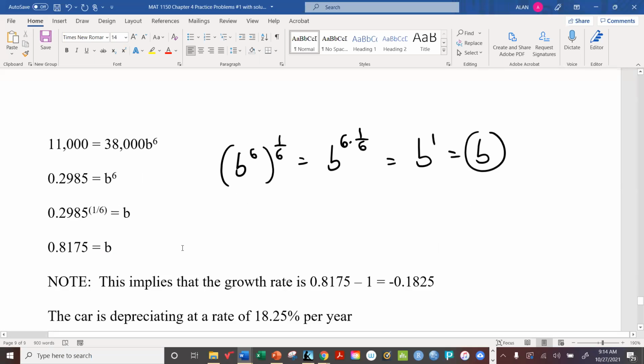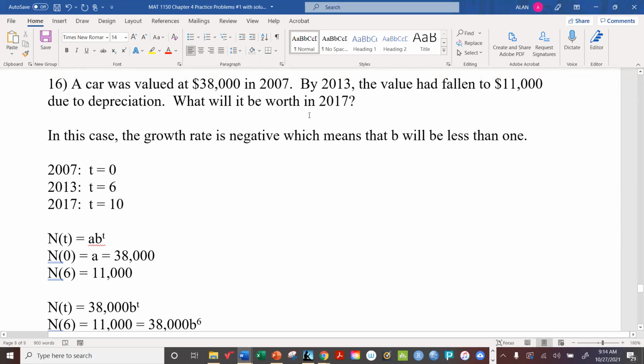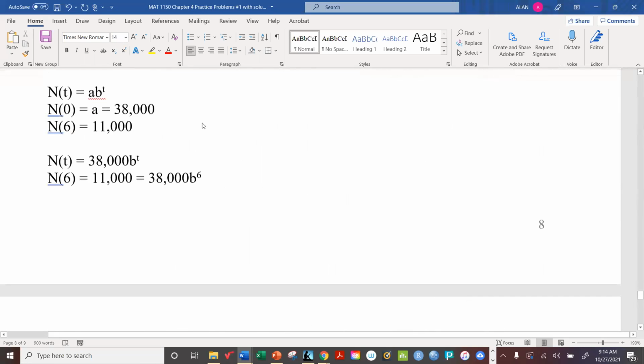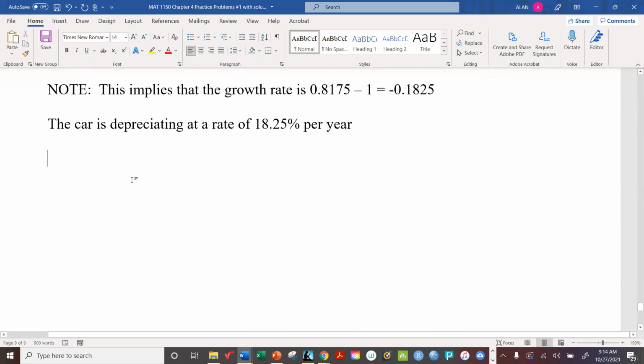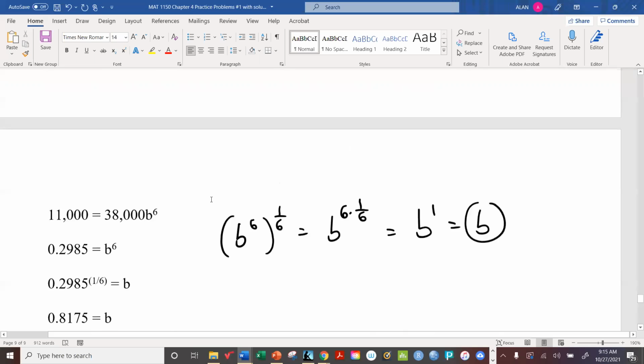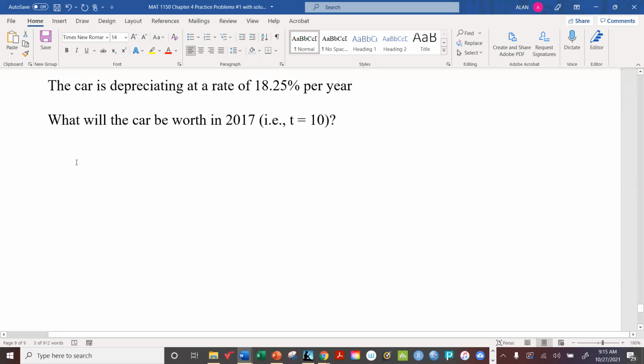Now, with all that being said, remember what we're looking for. We want to know what the car will be worth in 2017, which is year 10. All right, so what do we know? Well, we figured out earlier that we had this.